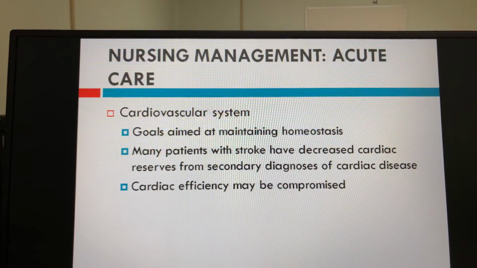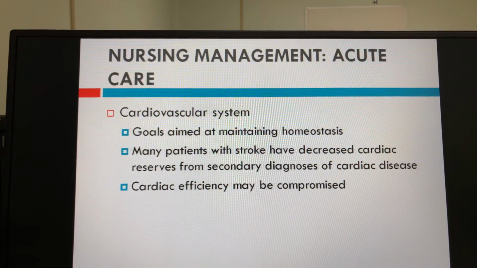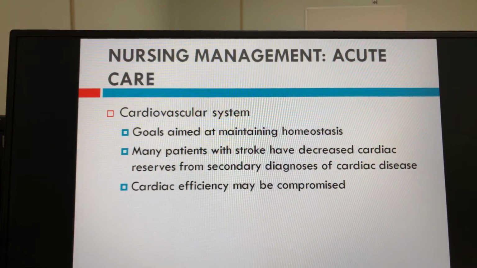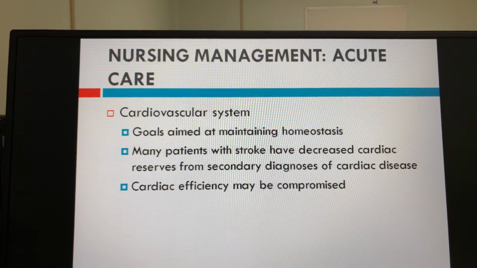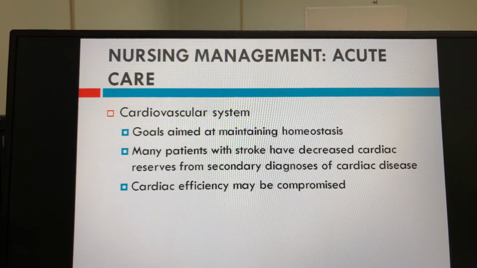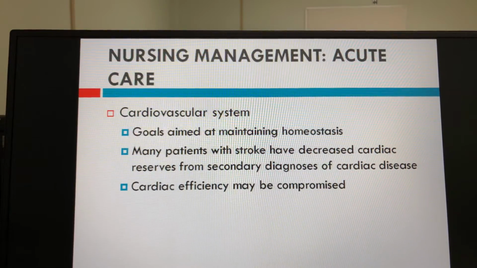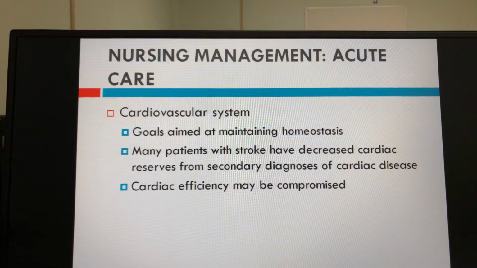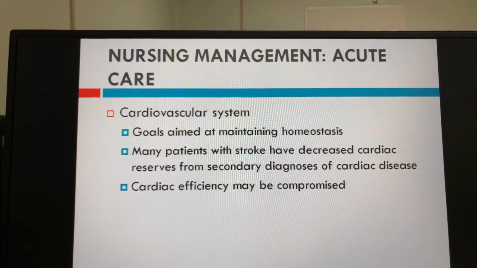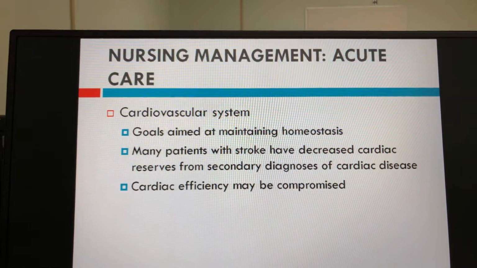Now, with the cardiovascular system, our goals are aimed at maintaining homeostasis. Many patients with stroke have decreased cardiac reserves from a secondary diagnosis of cardiac disease, and cardiac efficiency may be compromised. And that's what we see in addition to the decreased cardiac reserves.